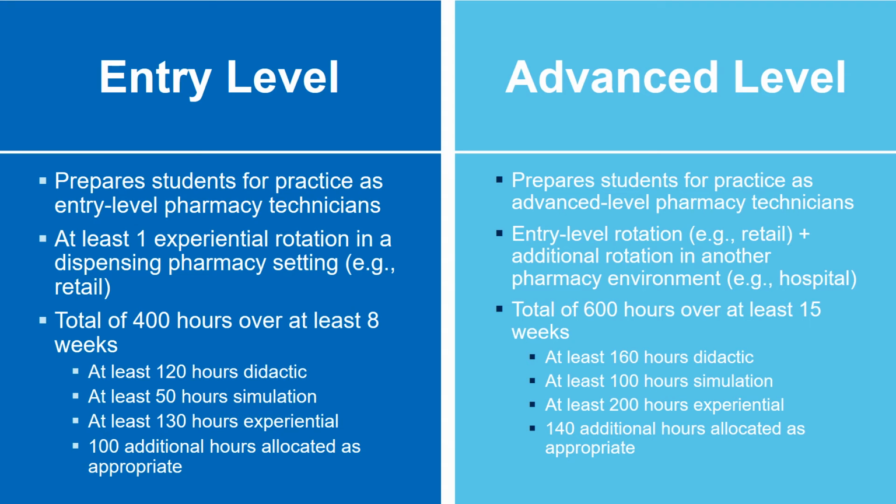You will go through the same accreditation process as you did for the entry-level program, by submission of documents. Just be specific to the advanced level areas, and you will be reviewed by a survey team, with submission to the PTAC for review and the ASHP ACPE Board of Directors for final voting for accreditation.